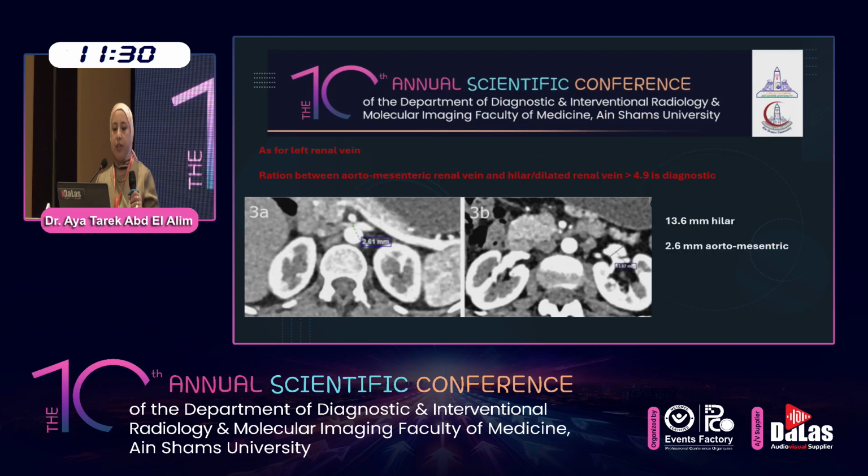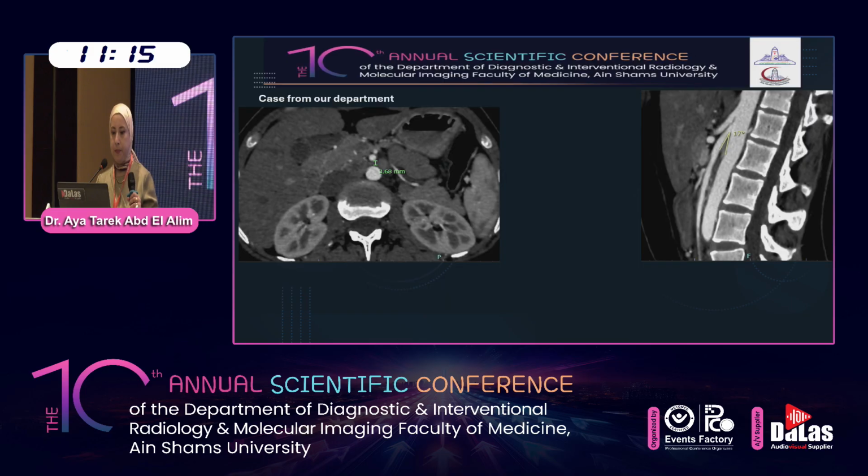As for the left renal vein, a ratio between the aortomesenteric renal vein and the hilar or dilated renal vein of more than 4.9 is diagnostic, as seen in figures 3A and 3B. The ratio here is 5. Case from our department showing decreased aortomesenteric distance of 3.6 mm, and the angle is decreased, seen at 17 degrees.